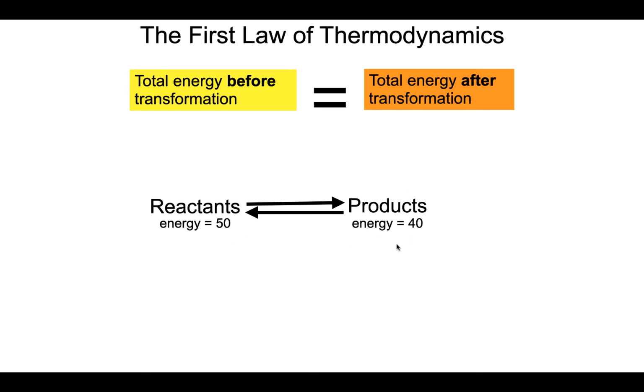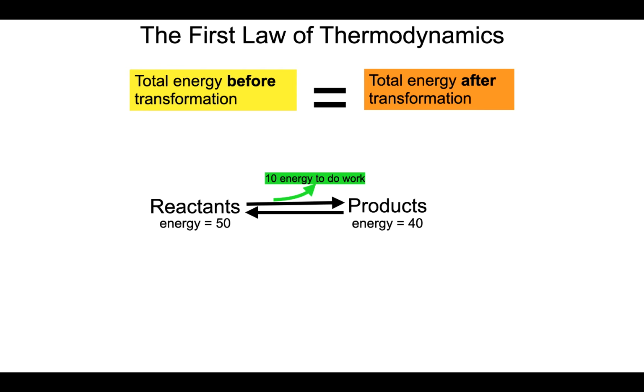Now, the first law of thermodynamics says we started with 50 units of energy and ended with 40, but the amount of energy we started with has to be equal to the amount of energy that we ended with. That is the first law of thermodynamics, which means we've got to account for 10 units of energy. Well, that energy was released.